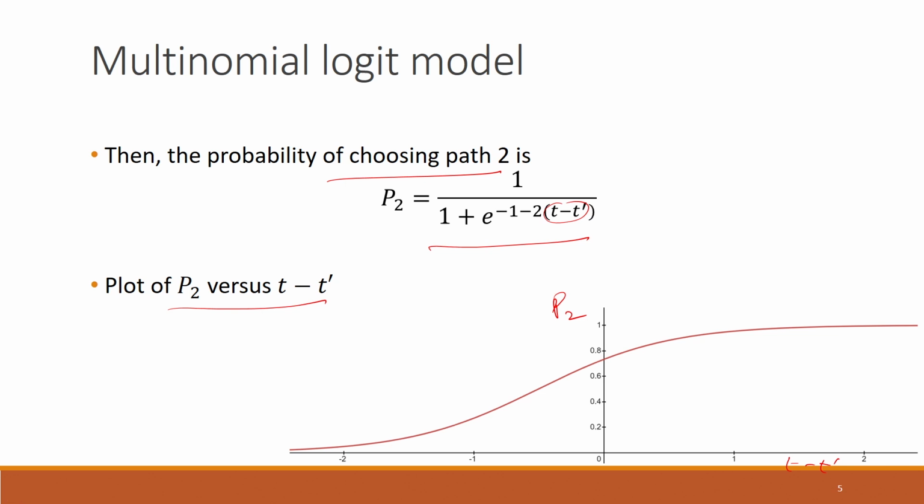Okay. So, what you can see here is that as t minus t dash is increasing, P2 is also increasing, which is also expected from this expression, because there is a minus sign here. Okay. So, if t minus t dash increases, the quantity in the denominator decreases, but this overall quantity will increase. Okay.